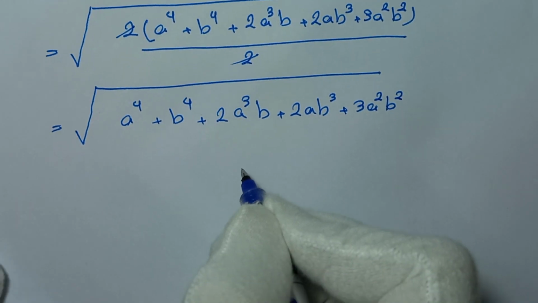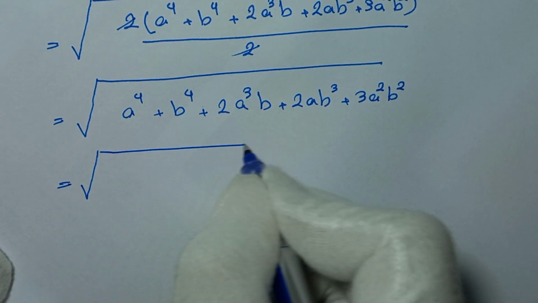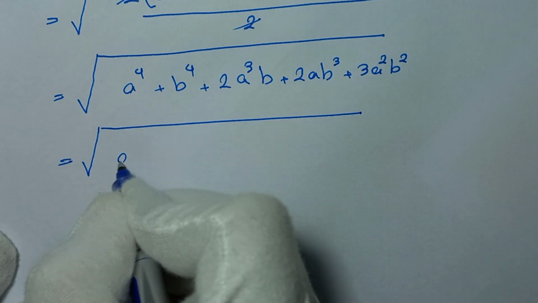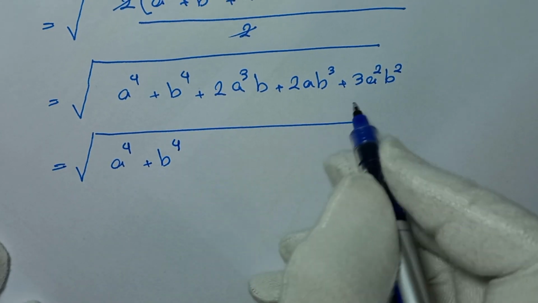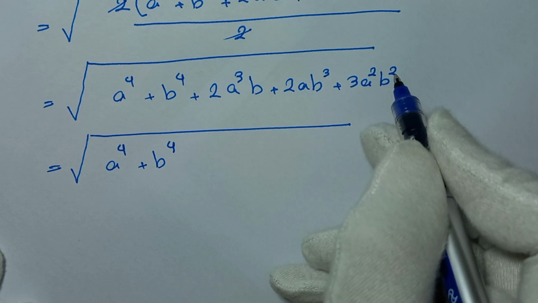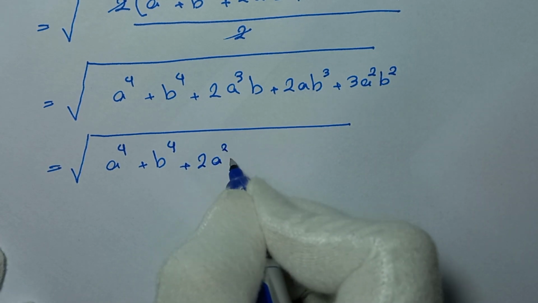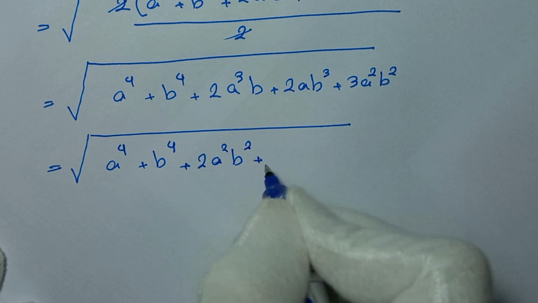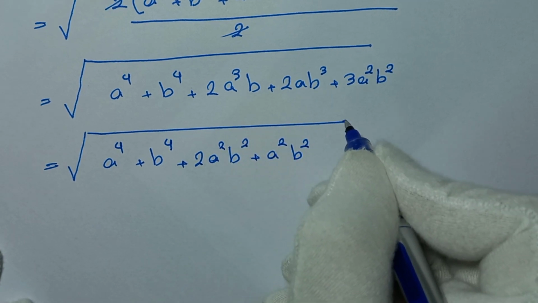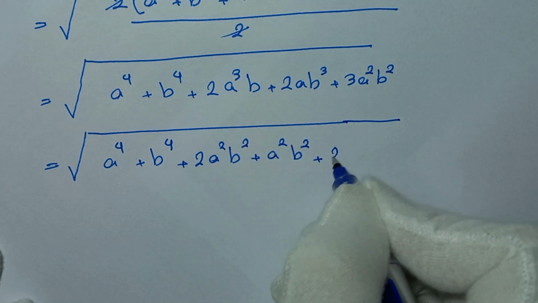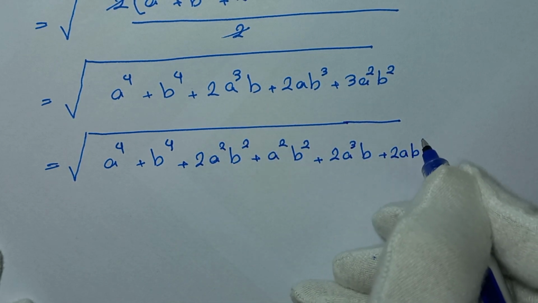So in the next step, this is equal to: here we have a to the power of 4 plus b to the power of 4, and here we have 3a square b square, right? So we can write this as 2a square b square plus a square b square, right? And here we have 2a cube b plus 2ab cube.